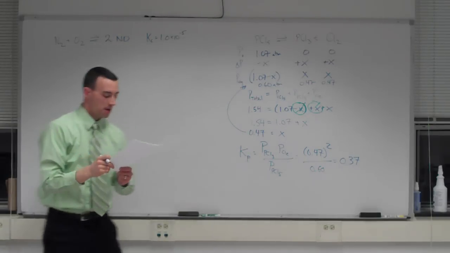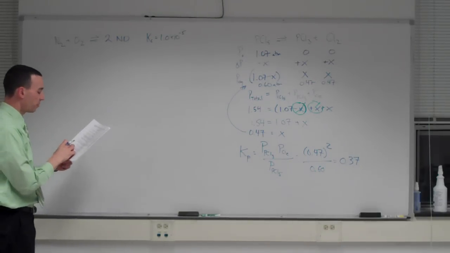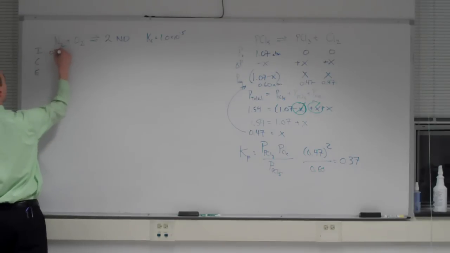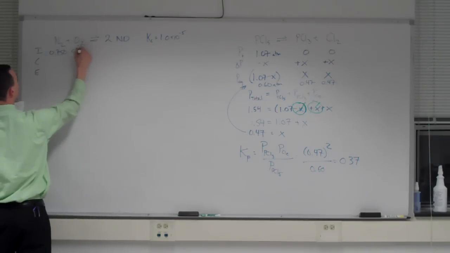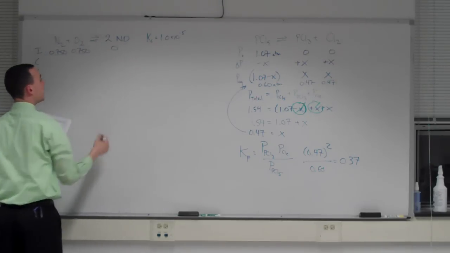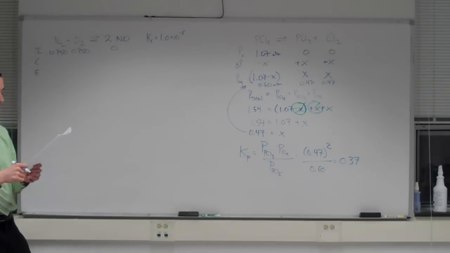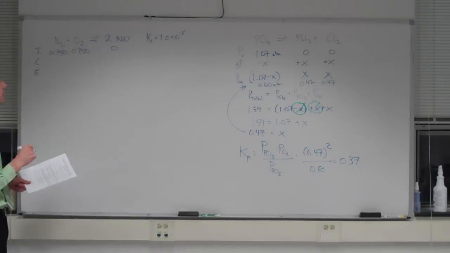Okay? So if we begin with 0.75 molar of each reactant, the question is how much nitrogen monoxide do we have when our equilibrium is established? Right?